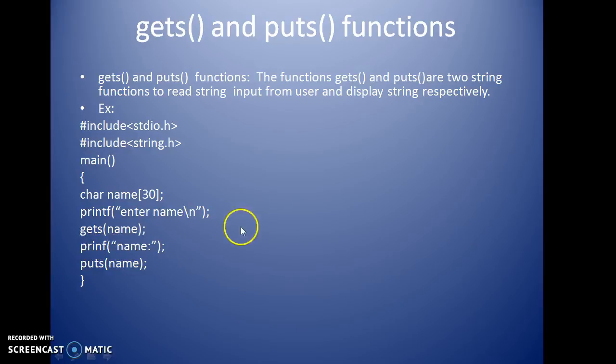So printf, what is the string? That is, the message you want to print is name. Whatever name you have read from the keyboard must be shown on the screen by using puts name. So like this, we can use gets and puts functions whenever we write a program using strings.